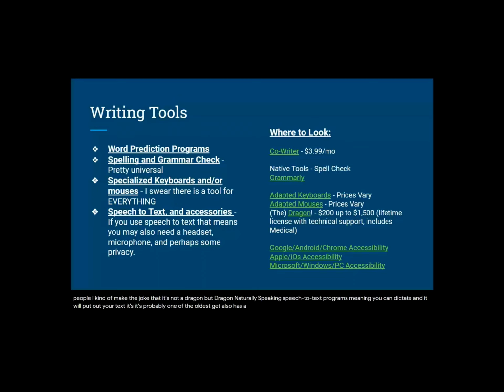It also has a little bit of a high price point depending on what you need from it. But it also is great for adults who might have dysarthria, somebody who's not necessarily articulating in a way that's understandable by everybody at all times. So it can be extremely necessary for certain people.